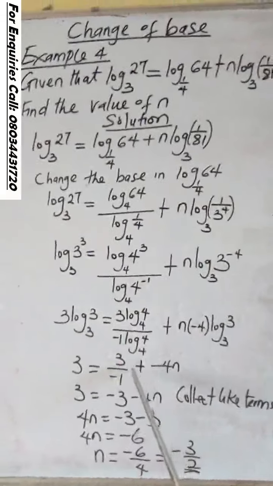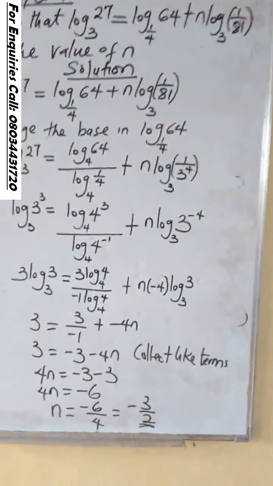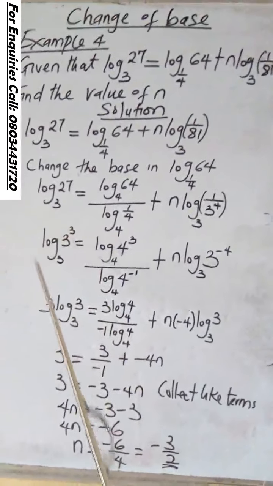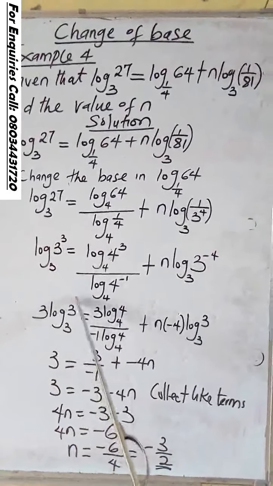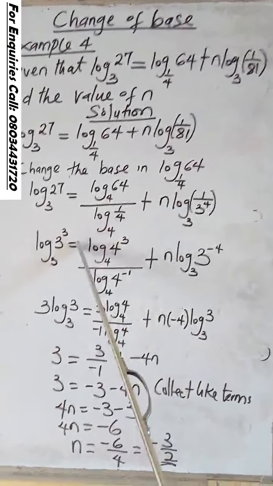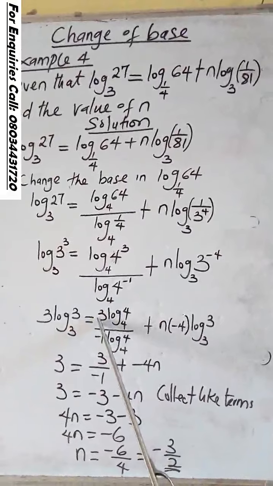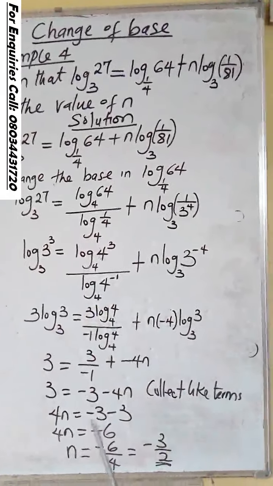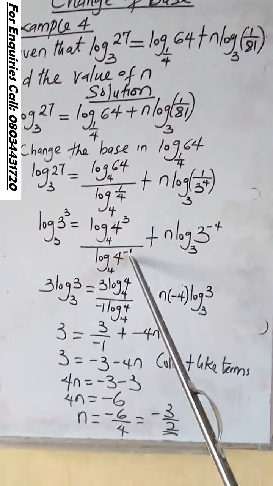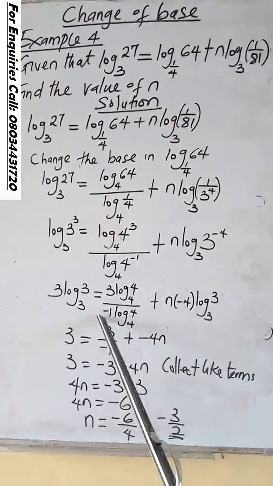So you go ahead using the law of logarithm. The power will go to the front of the logarithm. You have 3 log 3 base 3. The power here is also 3, it will go to the front of the logarithm. You have 3 log 4 base 4. The power here is minus 1, it will go to the front of the logarithm.